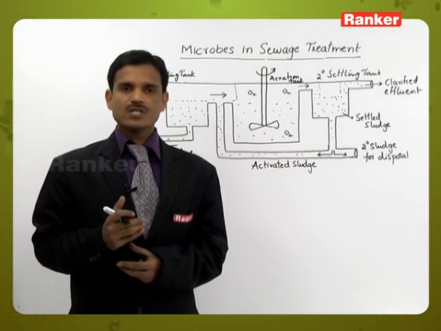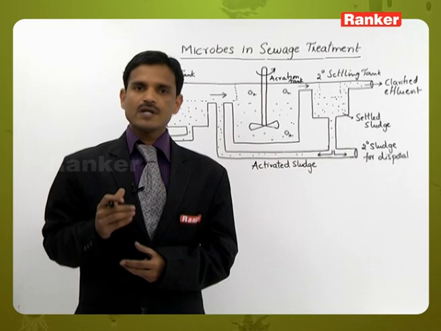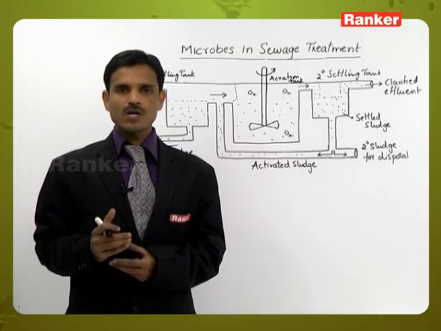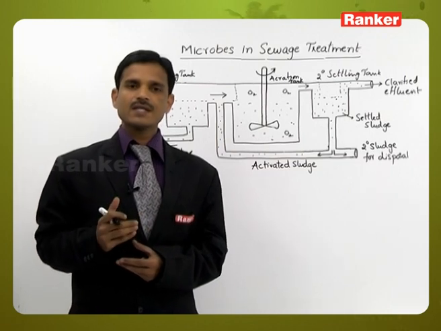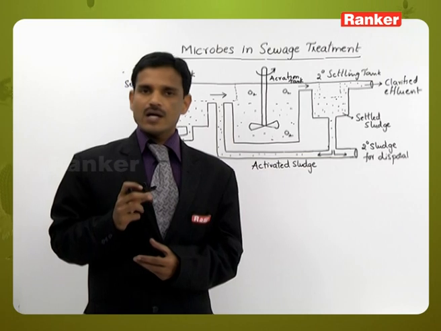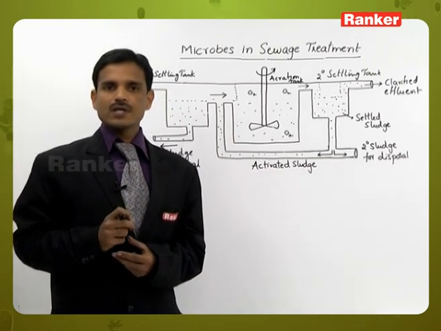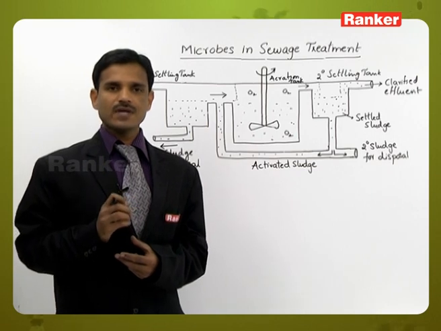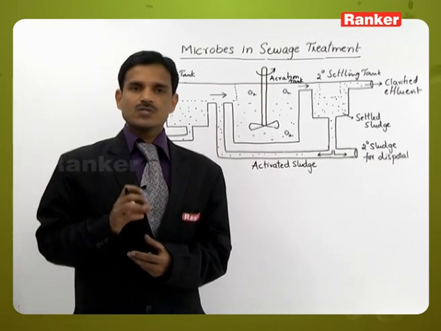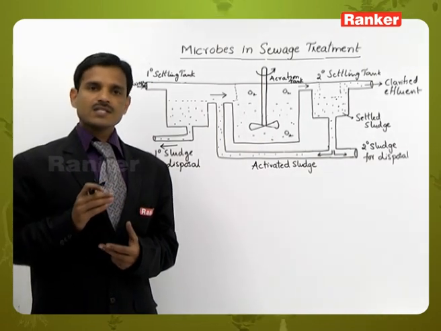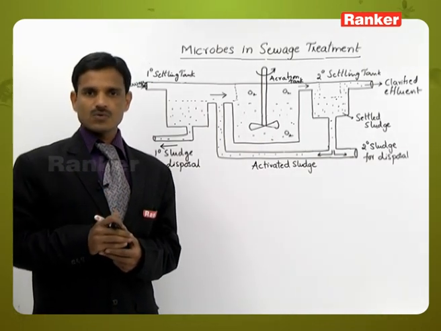streams. So before the release of this sewage water or municipal water into the rivers, it is treated with microbes. The microbes are used in sewage treatment plants, STPs. Sewage treatment plants are generally constructed on the outskirts of cities or towns.